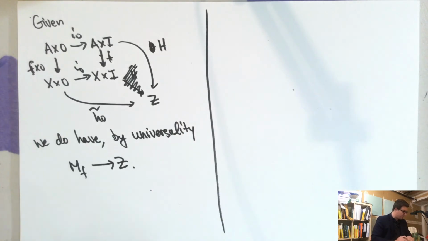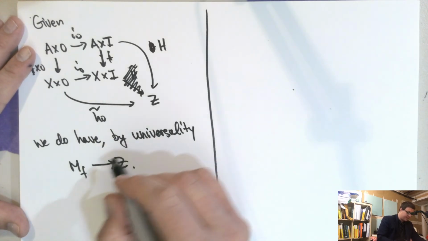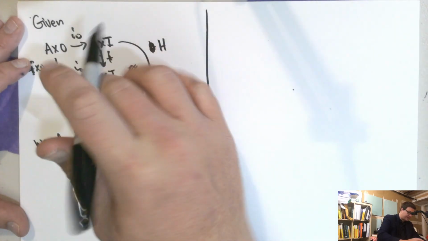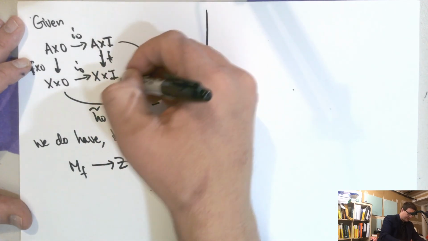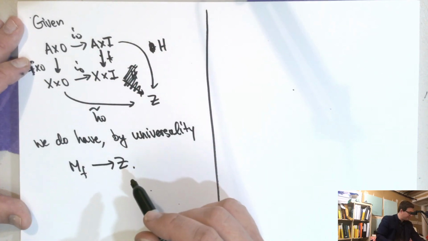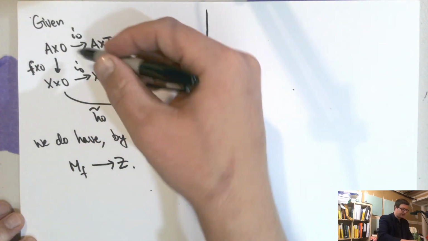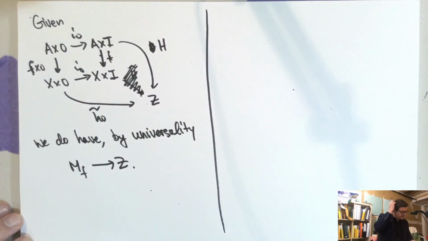What I want to say is now we're going to fit this into a diagram. This is by this being the initial object in this diagram. So we'll get maps from here, I can't really draw it so well, but here to MF, and those factor through this thing. So the maps here to Z factor through the mapping cylinder.